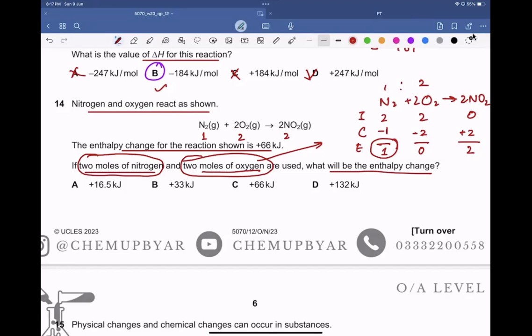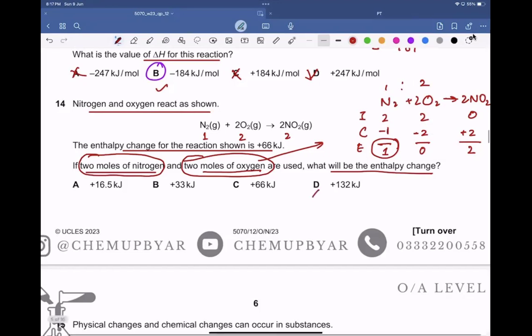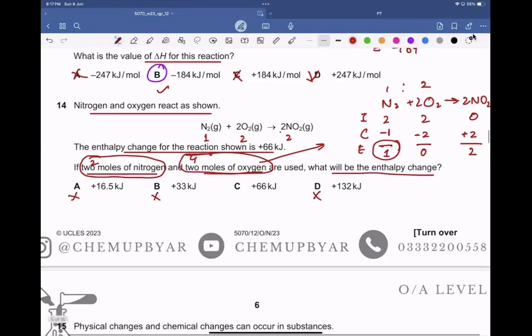So it means that the same moles are reacting, and if the same number of moles of products are forming, then the enthalpy change would be the same. If, for example, they had mentioned 2 here and 4 over here, then see, double the moles of both reactants are there, so obviously we get double the product, and the enthalpy change would be double.